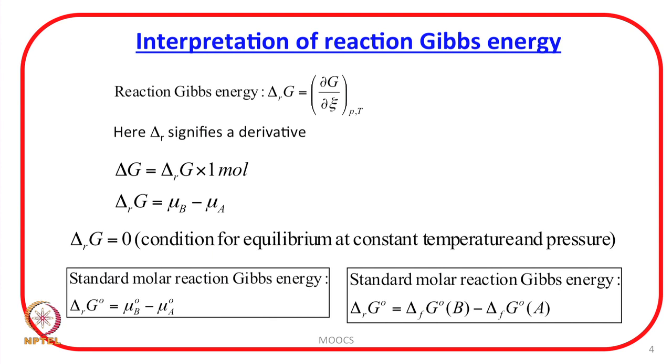So, if we have to calculate delta G naught or delta R G naught, we need information on the chemical potential of the product and reactant in their standard state, or alternatively, if we have the information on the Gibbs free energies of formation of the product and reactant, we can still get the value of delta G naught.